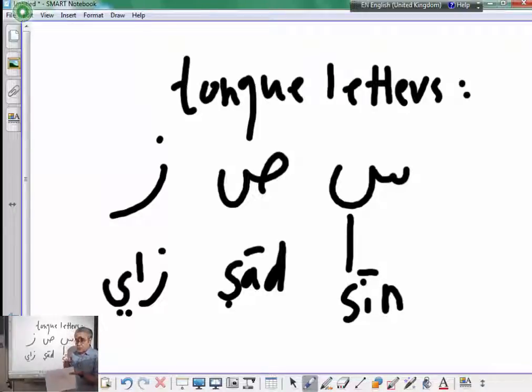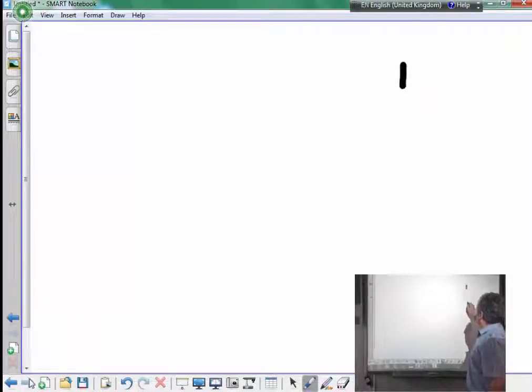So these letters should be pronounced by pushing the tip of the tongue to the bottom of our lower front teeth. So try with me. If I write, instead of this one, let us use another letter like this one.